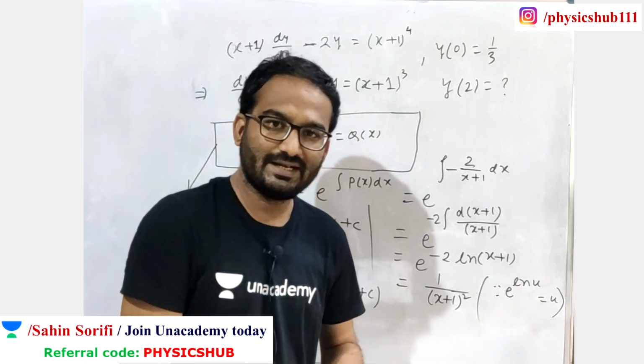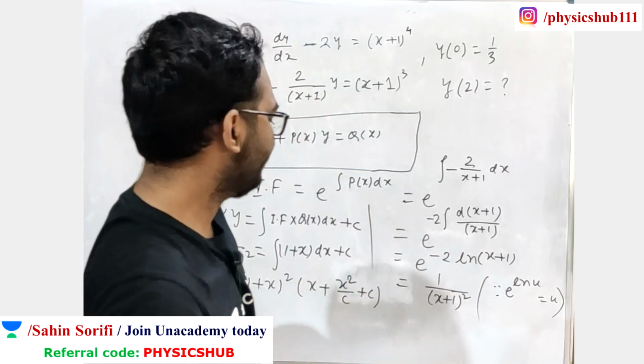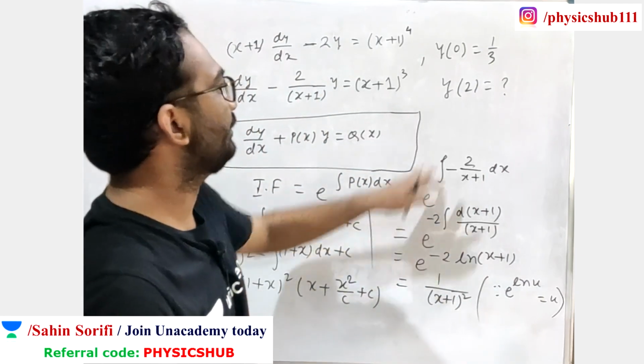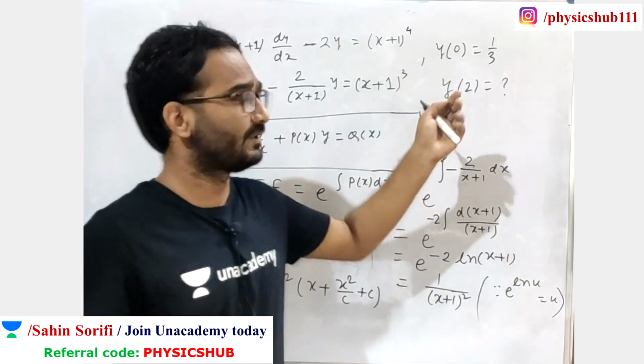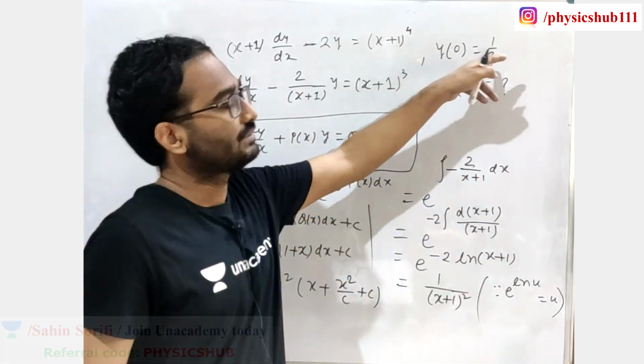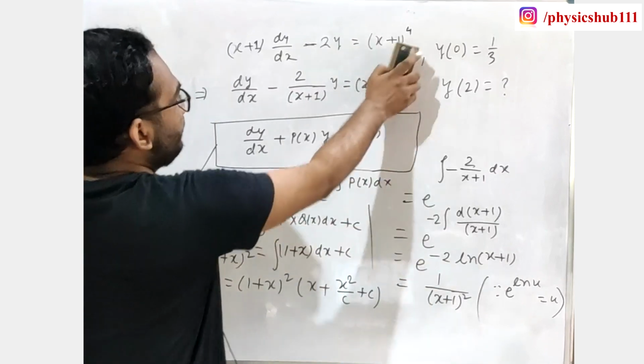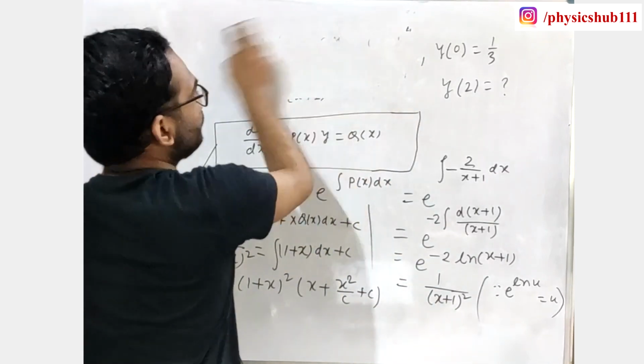Now to remove this integrating constant c, we have to utilize this boundary or initial condition, y at x equals 0 equals 1/3. So I am writing it here.